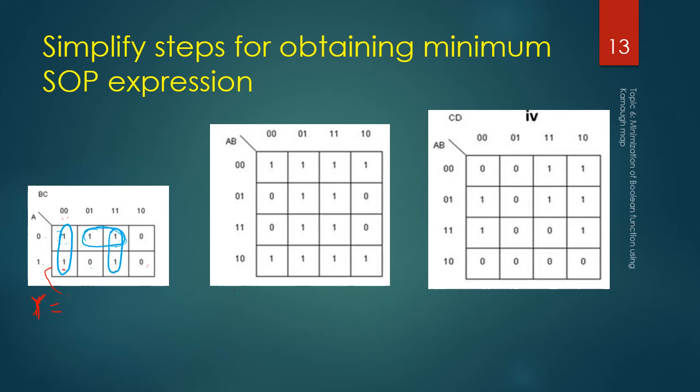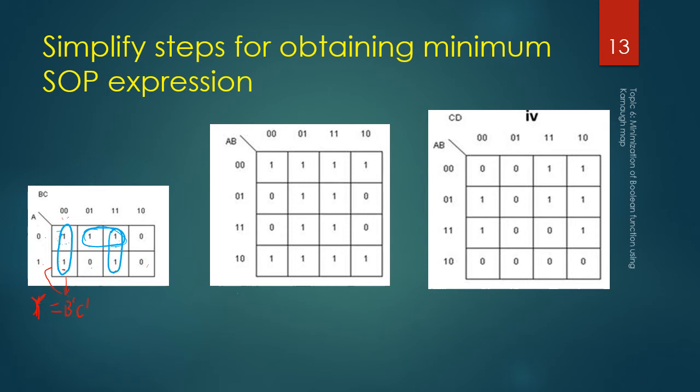For the variable whose value is different, we abandon it, we take it out. Basically we only have b and c, with b equal to 0 and c equal to 0. So we write b prime, or b bar, and c prime, or c bar. That's the simplified term for these 2 squares.